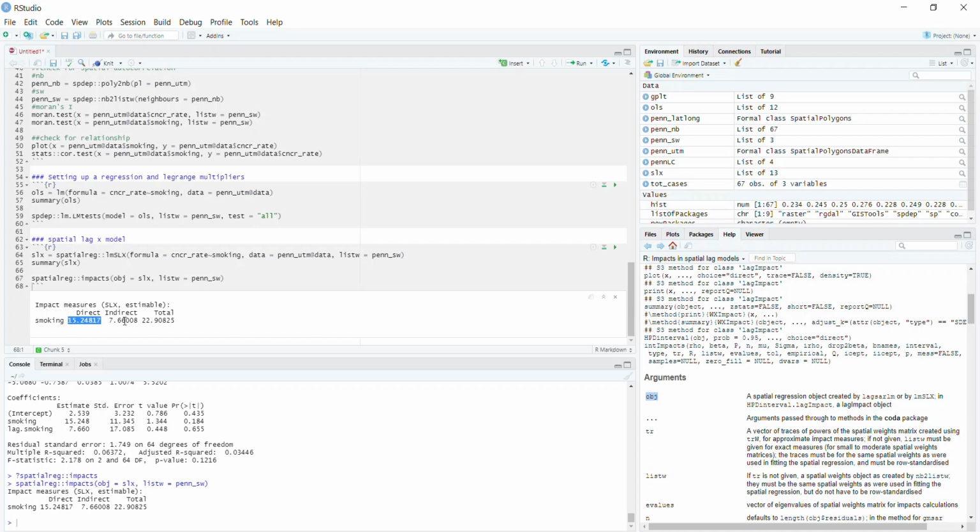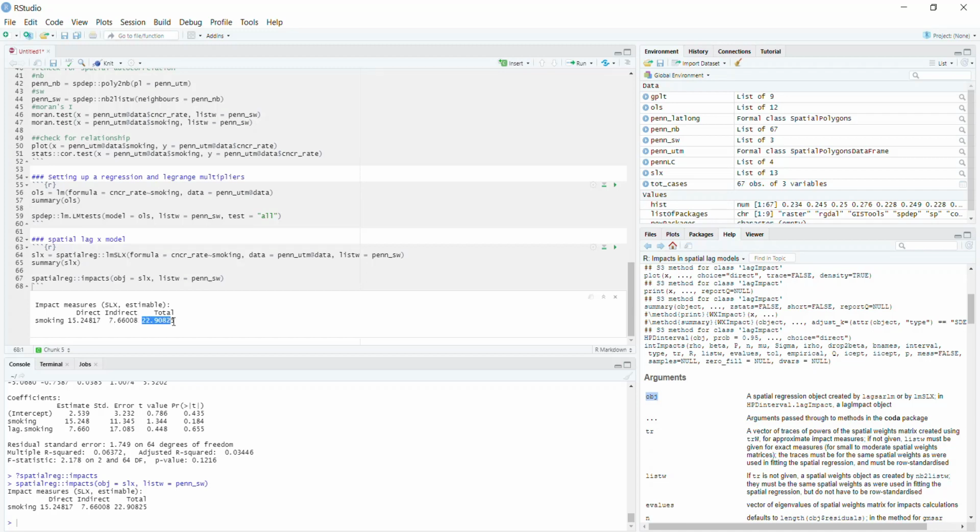The indirect effect is what happens when our neighbors change their variable. So this would be when my neighbor changes, it increases my cancer rate by 7.6. Or flipped around, when I increase my smoking, I raise mine by 15, and I raise my neighbor's by 7.6. Okay?